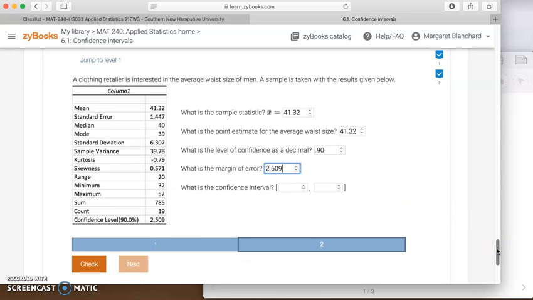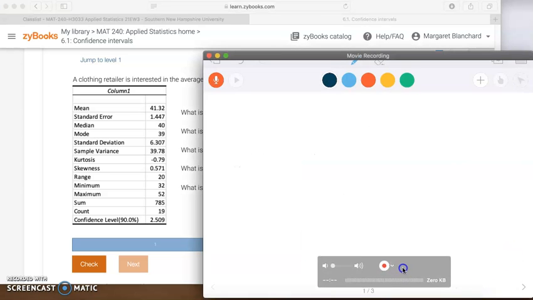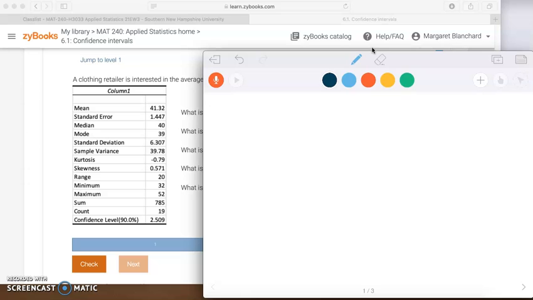Now, what is the confidence interval? Remember that our confidence interval, I'm just going to write CI for short, is equal to the estimate plus or minus that margin of error, I'm just going to write M. Remember that estimate is our X bar.